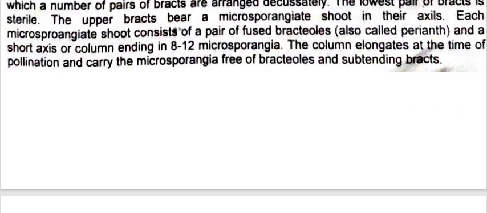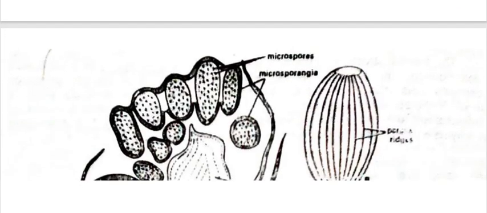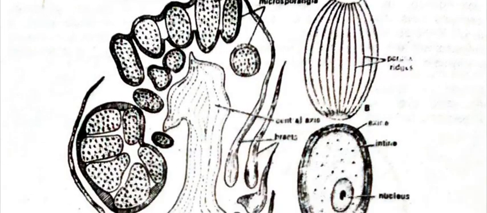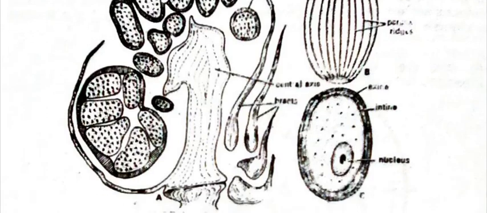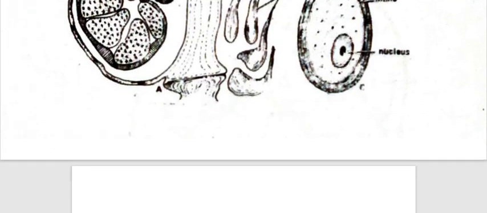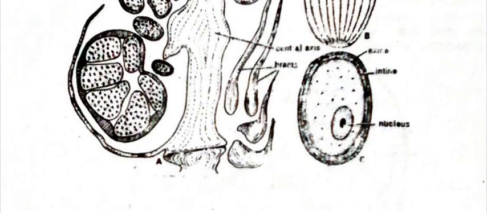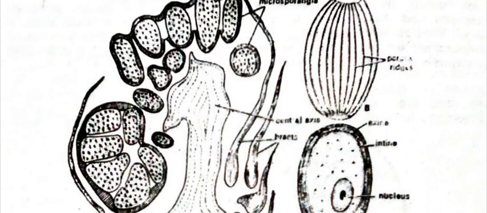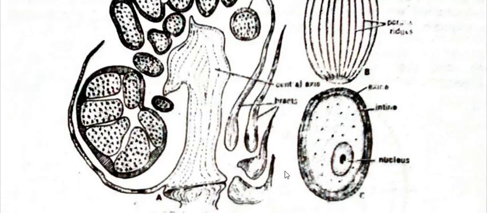Now next we see the diagram of the male strobilus, and this is the longitudinal section of the male strobilus. This is the main central axis on which the bracts are produced.